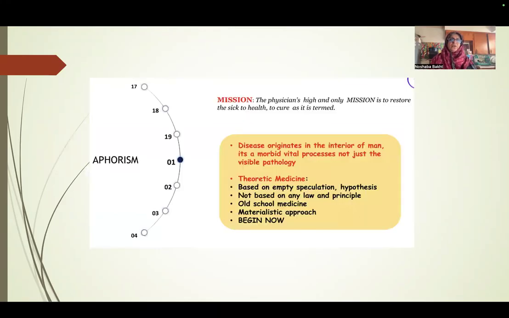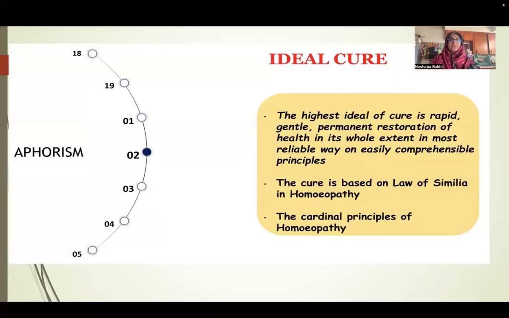Last time we said, what is the first aphorism? The first aphorism was that the physician's highest and only mission is to restore the sick to health, or to cure. Let's look at what the second is. The second is the ideal. What is the ideal cure?